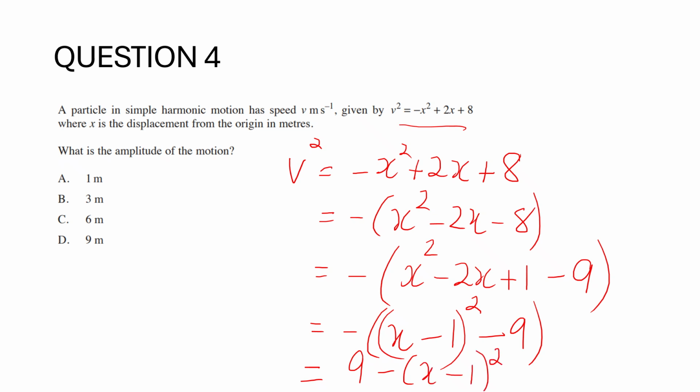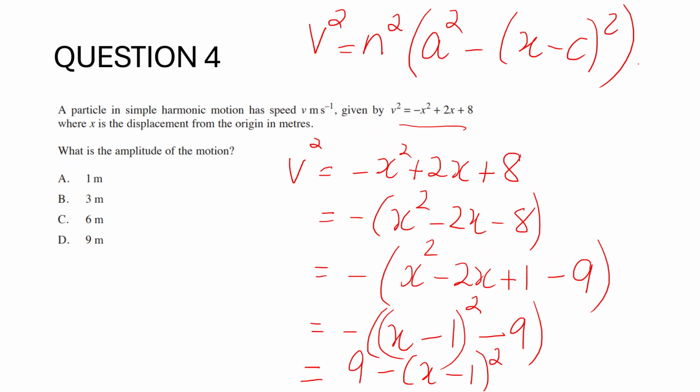Now this is of the form v squared is equal to n squared (a squared minus (x minus c) all squared). And so it's 1 out the front here. So a squared is equal to 9. So a, which is the amplitude, must be 3. So the answer is B.